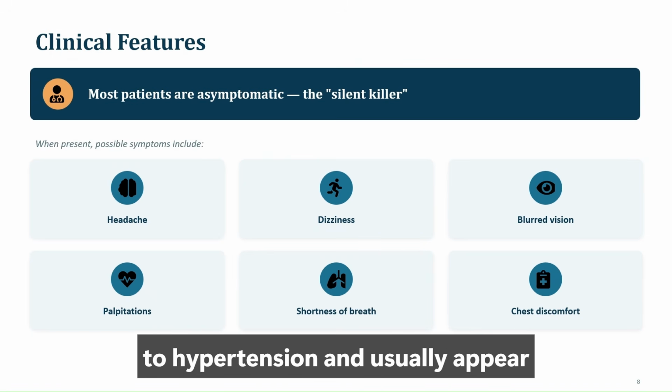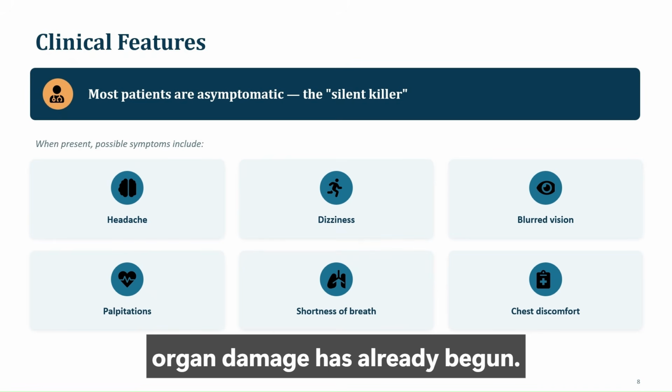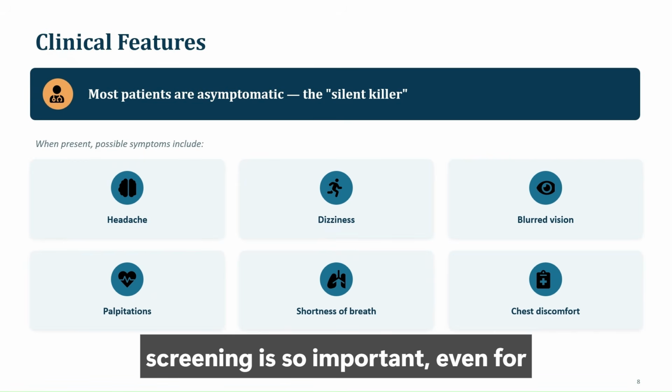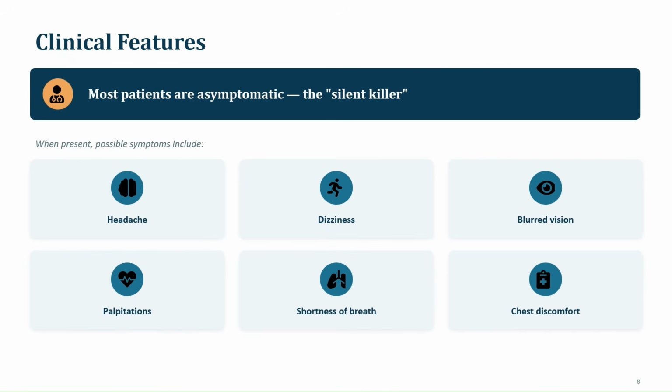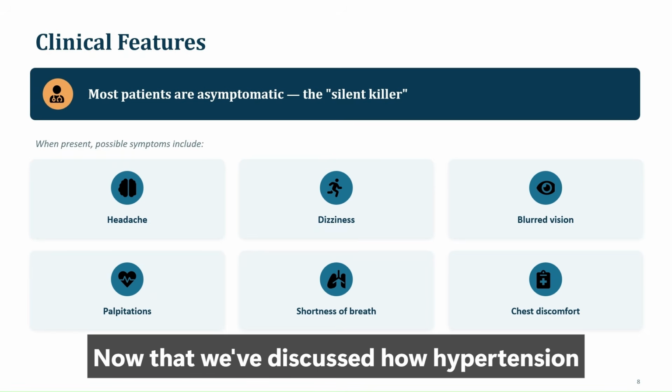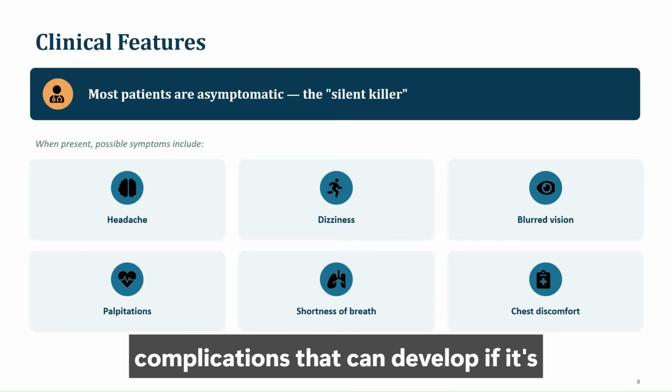However, these symptoms are not specific to hypertension and usually appear when the blood pressure is very high or when target organ damage has already begun. This is why regular blood pressure screening is so important, even for people who feel completely healthy. Now that we've discussed how hypertension presents, let's move on to the complications that can develop if it's left untreated.